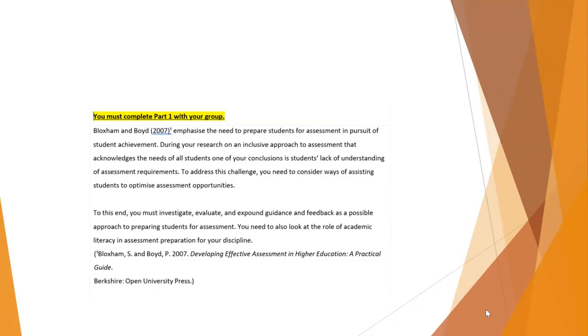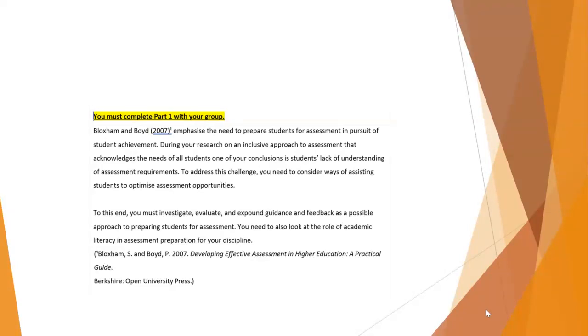To this end, you must investigate, evaluate, and expound guidance and feedback as a possible approach to preparing students for assessment. You need to also look at the role of academic literacy in assessment preparation for your discipline. Now, the people who do numeracy modules like accounting and so on, will be like, now why academic literacy? Academic literacy applies to all modules. Students need to be able to read critically and understand the expectations and requirements of the assessment.